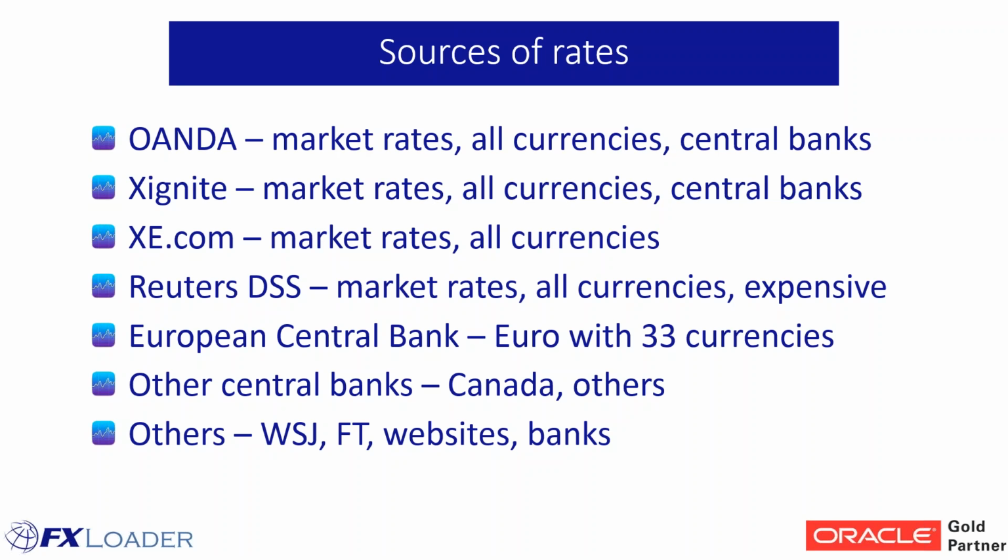So as I alluded to earlier, in terms of the accounting principles for certainly UK, US, and quite a few other countries, it's sufficient just to have market rates. So as long as you can prove that the rate you're using reflects the FX market at that point in time, then auditors are going to be happy.